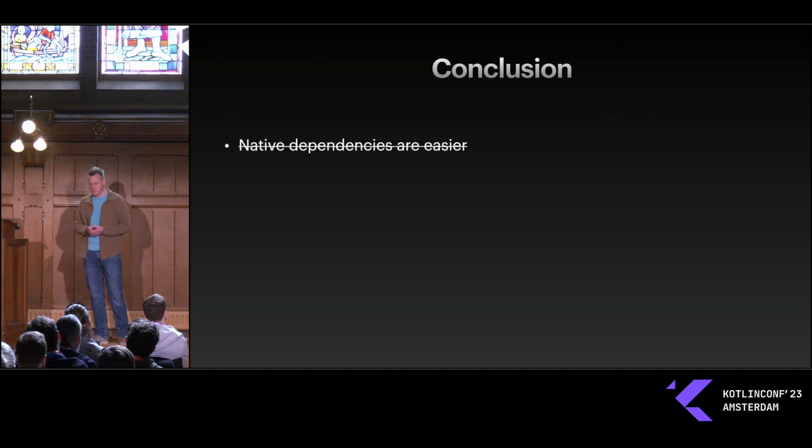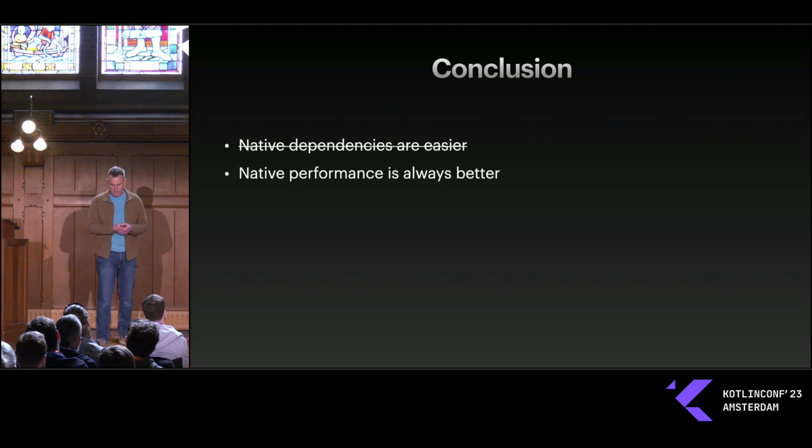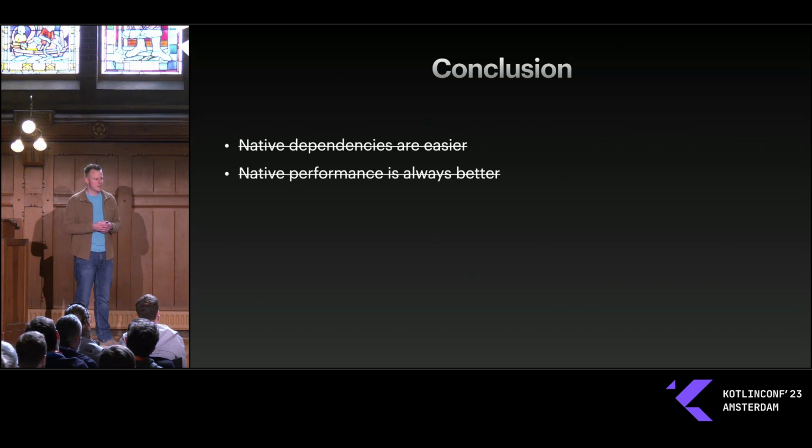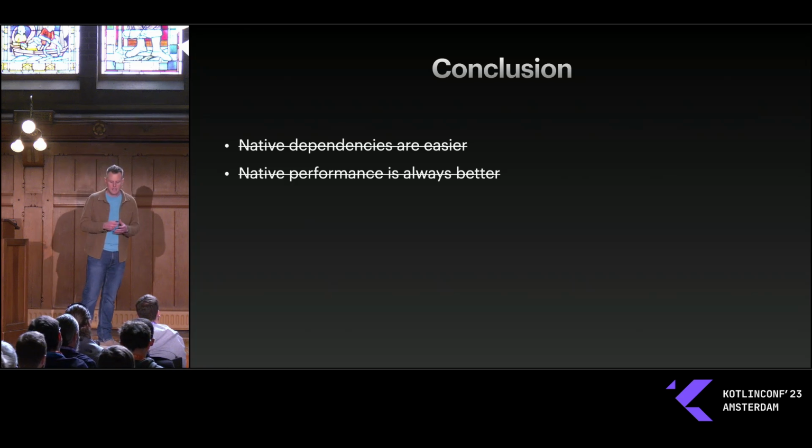That was a little disappointing. And performance, right? JVM's so slow, you've got to go native if you want real performance. That was also not the case. In the last 15 years, there have been a ton of optimizations in the JVM, and it's really come a long way. So that's great to see.